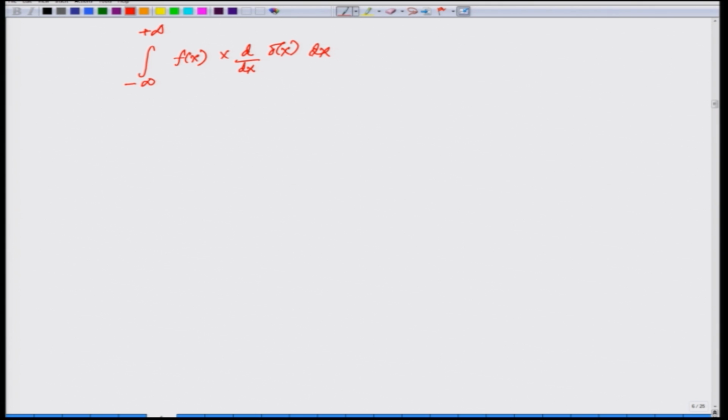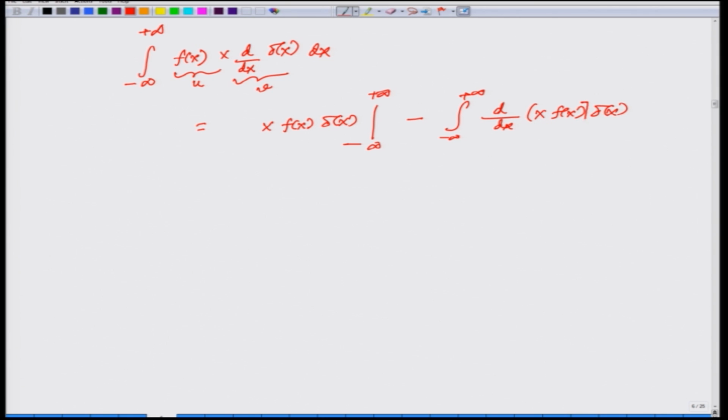I hope that you know how to do integration by parts. Take one part as u and the other as v and do it. The solution will be like this. This will come out to be x f of x delta x from minus infinity to plus infinity, minus the integral from minus infinity to plus infinity of d by dx of x f of x times delta x dx.